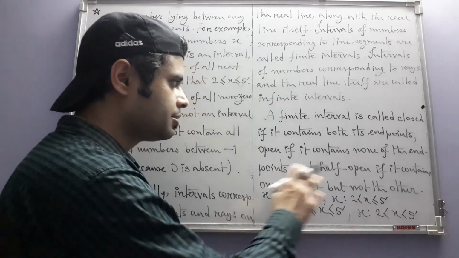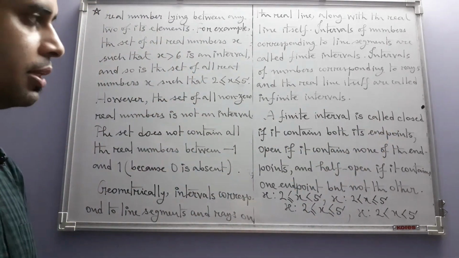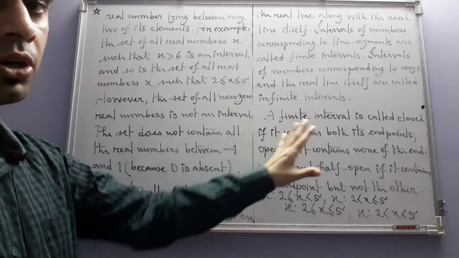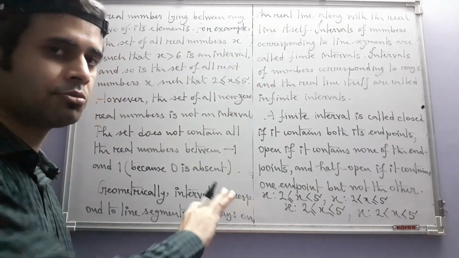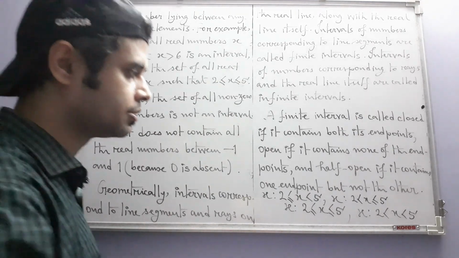And keep in mind these terms closed, open, half open have been defined only for finite intervals for us. They are not applicable to rays, or we are not calling rays open, closed or half open for now at least.